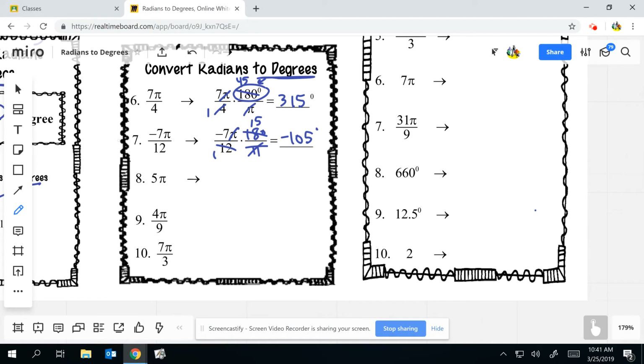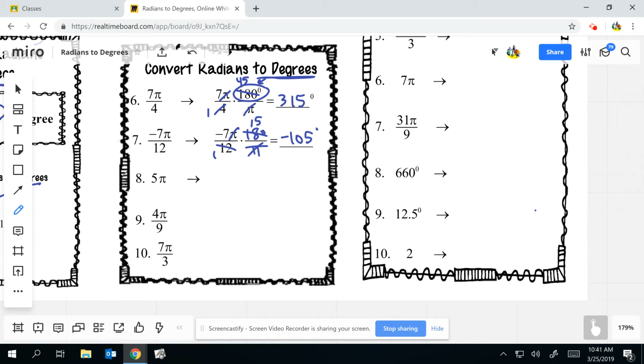5 pi. What does 5 pi mean? If I told you, what does 5 pi look like on a circle? Think about it. It took me 1 pi to go halfway. It took me 2 pi's to go all the way around.